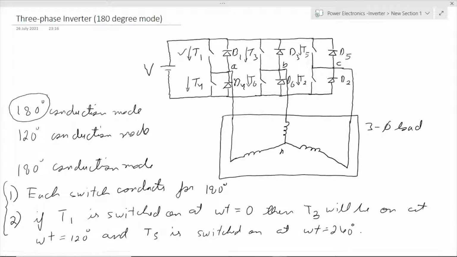Then T4 should not be switched on when T1 is on, because it will bypass the DC voltage source. We have talked about this in the previous lecture. So the T4 has to be switched on when T1 is off. So we can now draw the firing signal of T4, T6 and T2.